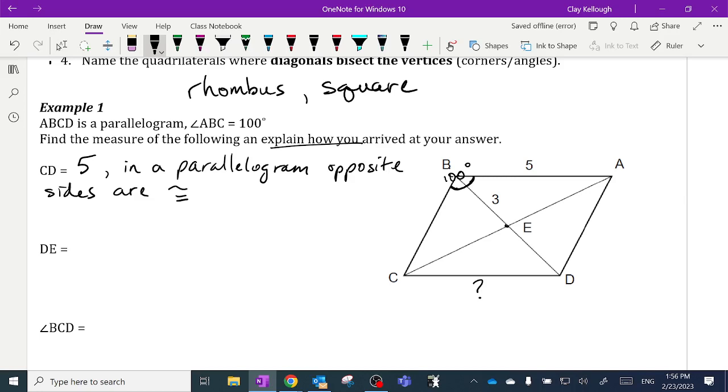How long is side D to E? So how long is it from there to there? Any ideas? Some people are putting up 3 fingers. Yes, they're right. It's 3. How do you know? What's the rule?